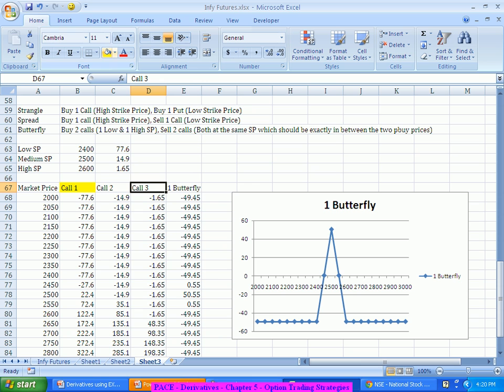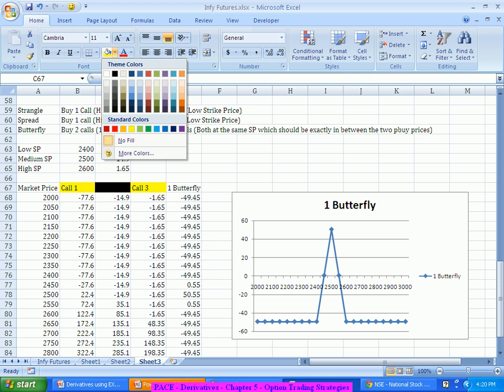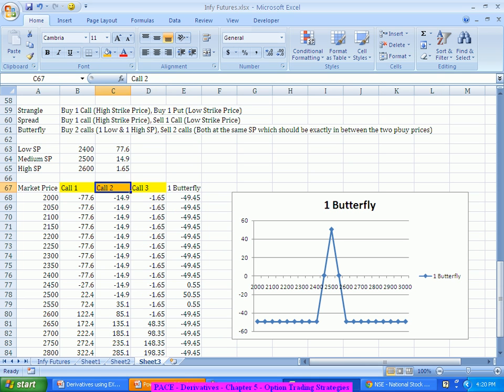This one and this one I want to buy, and this one I want to sell 2 units of this. So whichever are the things that are to be bought, I'll simply add those numbers, this number plus this number, and whichever need to be sold, I'll subtract. Call 1, lower and higher I am buying. Lower is call 1, higher is call 3. And the middle one I am selling, that too 2 units of that.